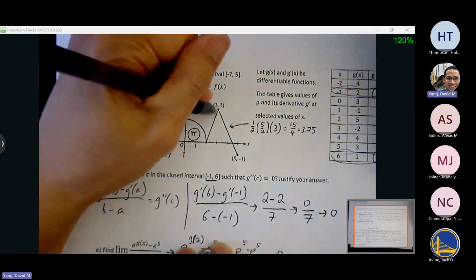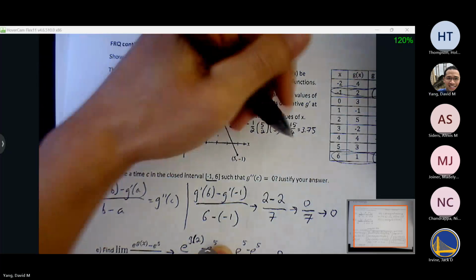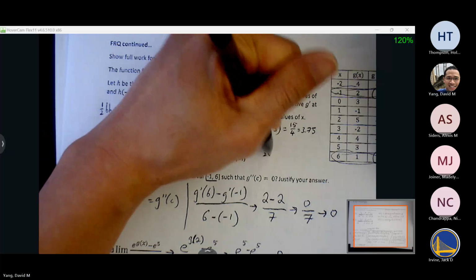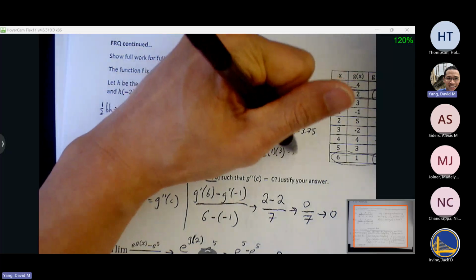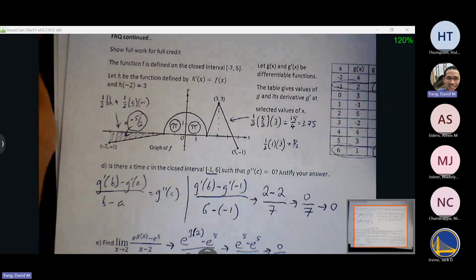Let me see if we split it up. The first triangle will be 1/2 times 1 times 3, which is 3 halves. That's what you got, right? Yeah. And the other one will be... why did the base be 1.5?